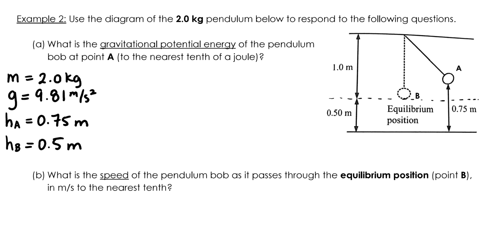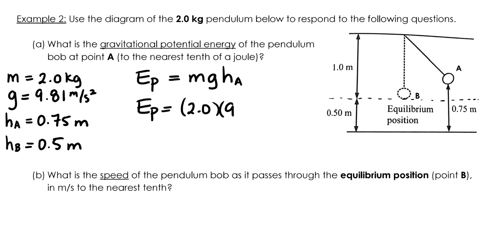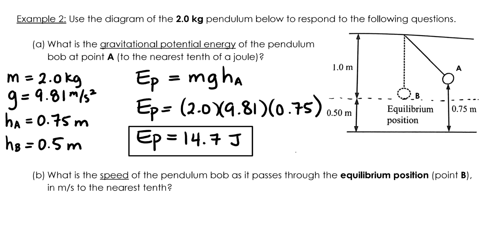Question A asks us to find the GPE of the pendulum at point A. So we're looking for EP, which is a product of mg and the height at point A. Let's substitute in our numbers. EP is 14.7 joules.